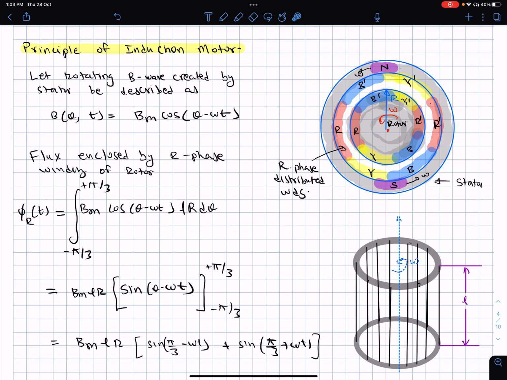All I really need to do physically is create a cage rotor like this. Inside is of course iron, and these are copper bars spread uniformly across it, and then just short circuit them using these two structures at the end.